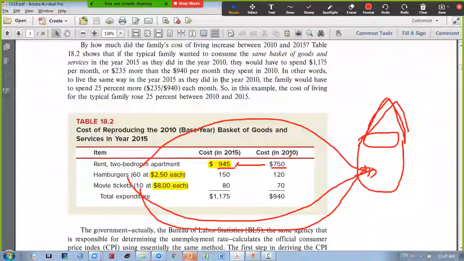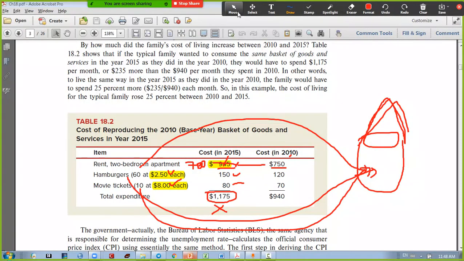So it should be 700, while the price of burgers and the price of movies stay the same. Only one thing changes. So in 2015, the basket cost is not 1,000 something.